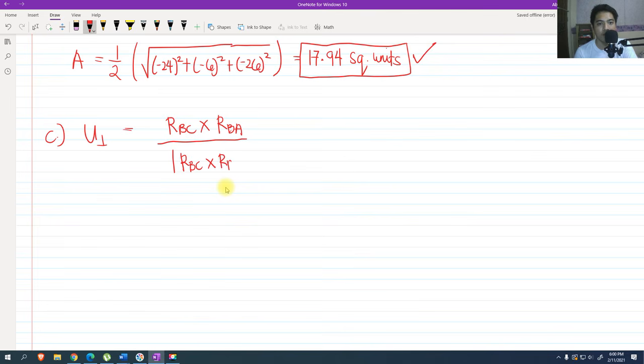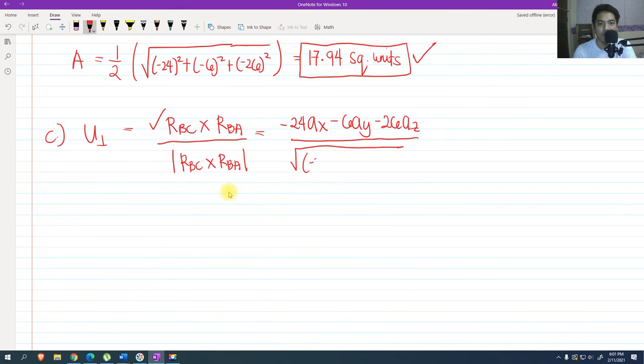So we know this already, the cross product of R_BC and R_BA. So that's negative 24 A_x minus 6 A_y minus 26 A_z all over the magnitude of R_BC and R_BA. We know that already because we did it.